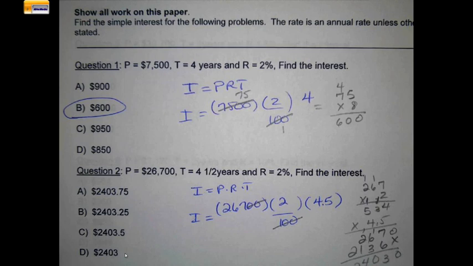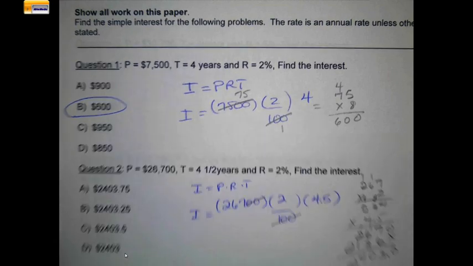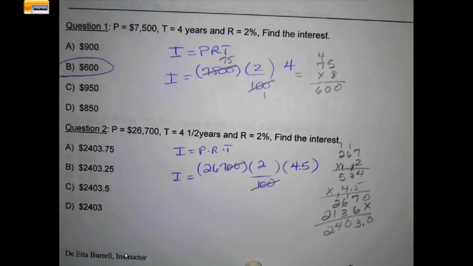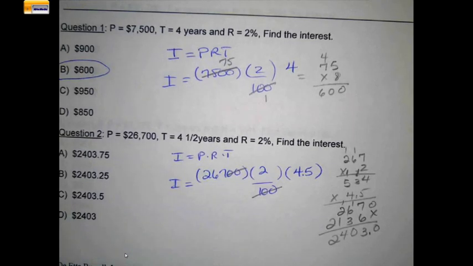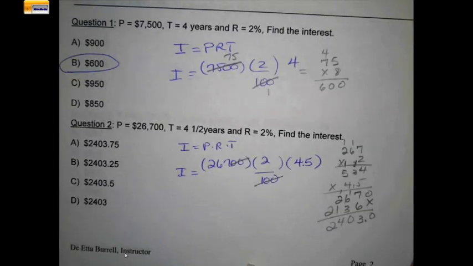And how many decimal places did I have there? 1. So I got 2,403 all by its lonesome, which is D.